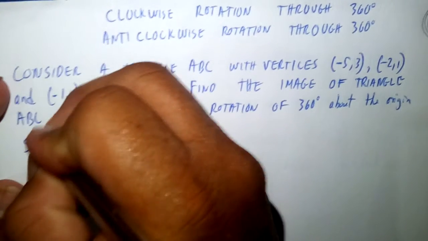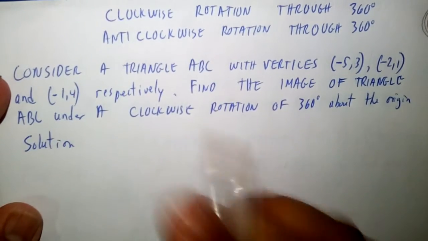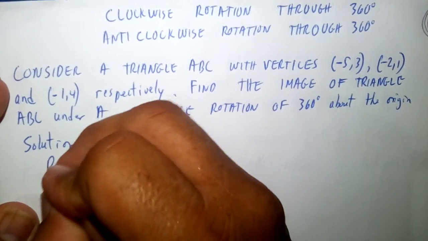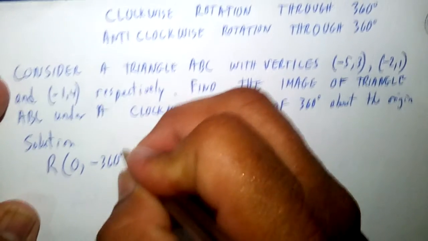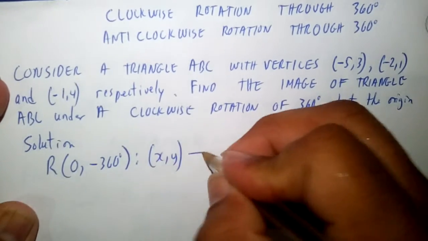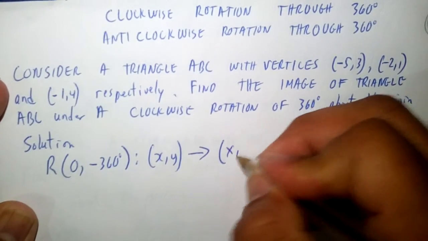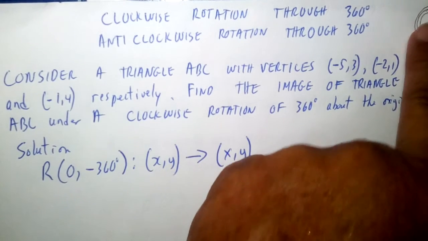We will be using the equation that pertains to such a problem. We'll be using the rotation of 0 to -360 degrees such that the point (x, y) is mapped to (x, y). Nothing changes. Remember, from where you started, you have ended.